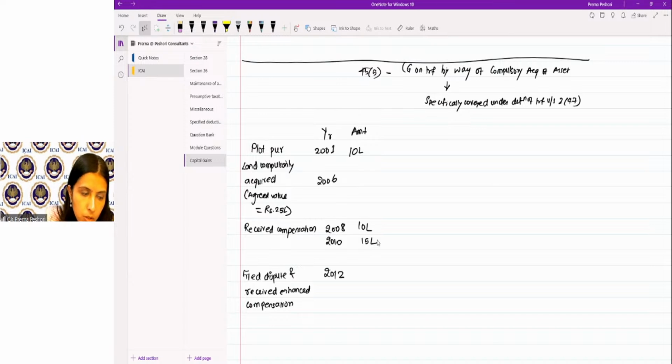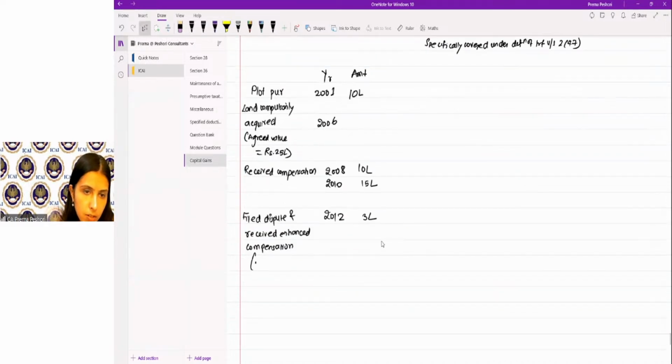In 2012, 3 lakh. Legal fees incurred, rupees 30,000. Right?